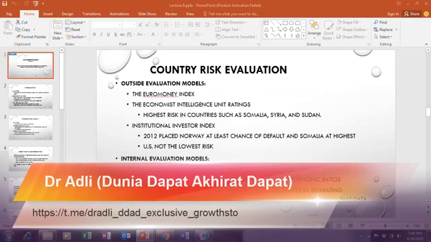When they want to invest in Malaysia, they will do the sovereign risk, the country risk analysis of Malaysia, to decide whether they want to open a branch here. Citibank, for example, needs to evaluate our country risk. So that is the internal evaluation.